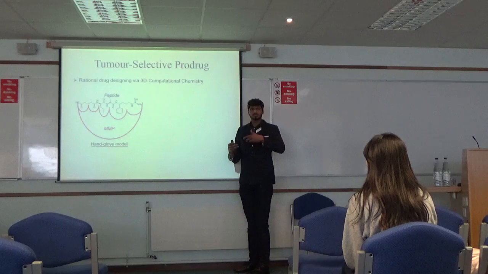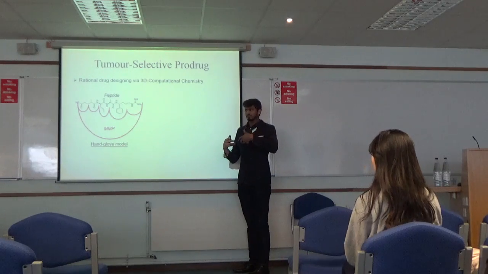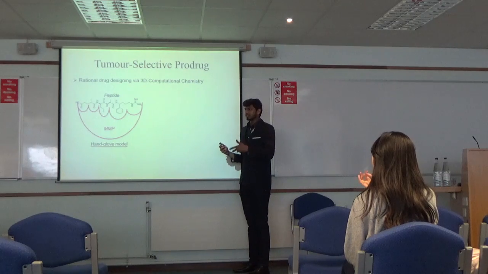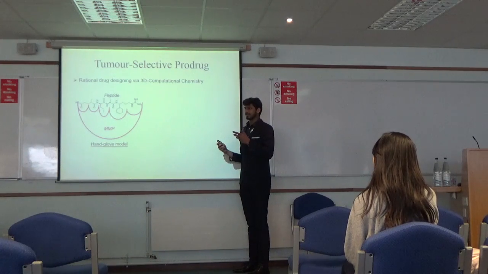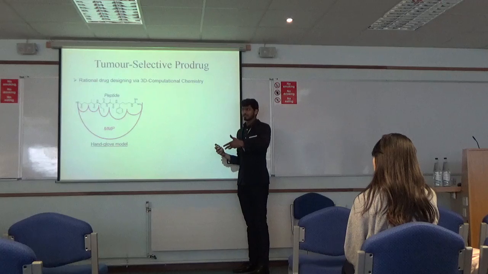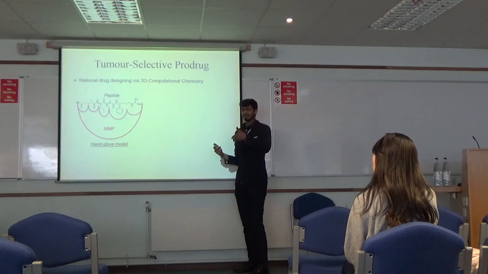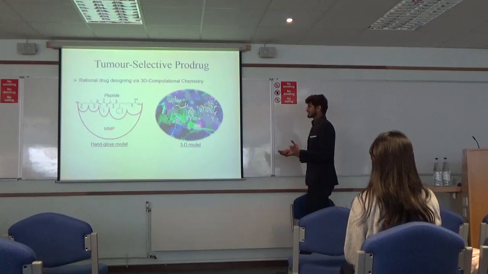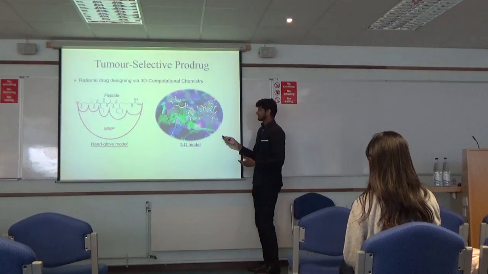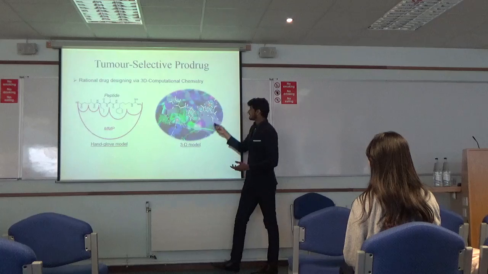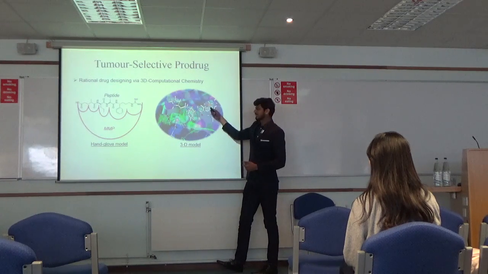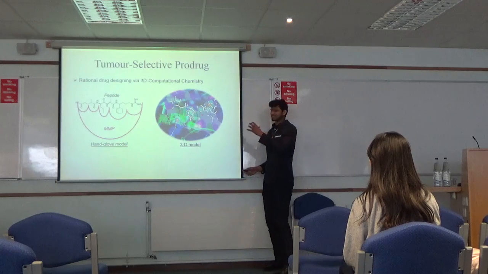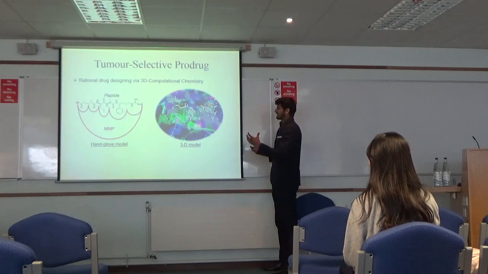Once it fits selectively into the MMP pocket, it should be more selective for MMPs. That means it will be more selective for tumors. And this is a 3D model which represents MMPs and the chemicals sitting selectively in the pockets.